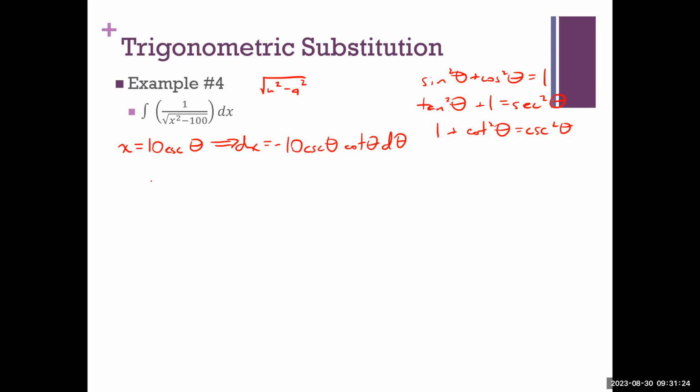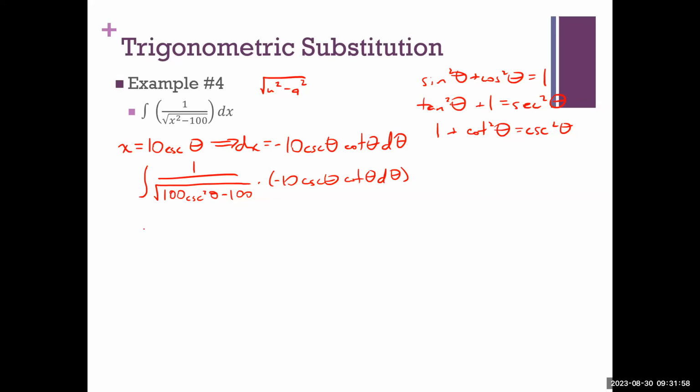All right, so let's look at it. Based on that, we have 1 over the square root of 100 cosecant squared theta minus 100 times -10 cosecant theta cotangent theta d theta. How do we feel now?